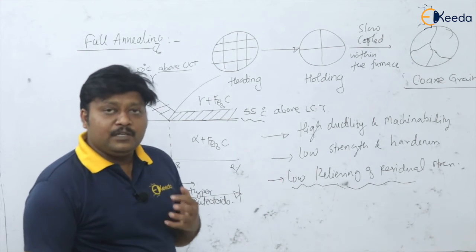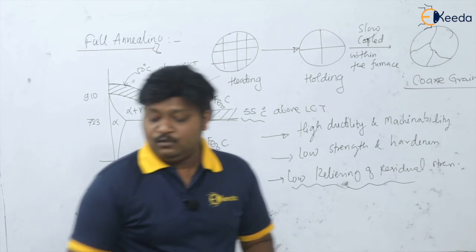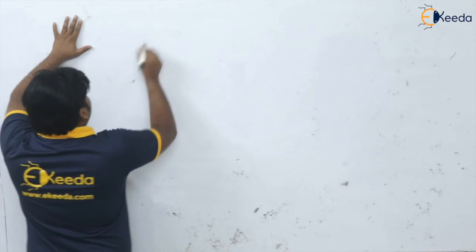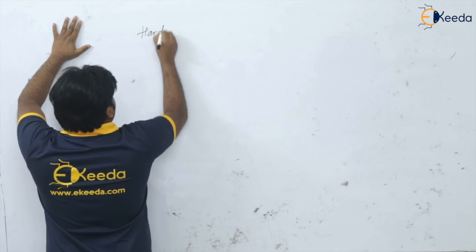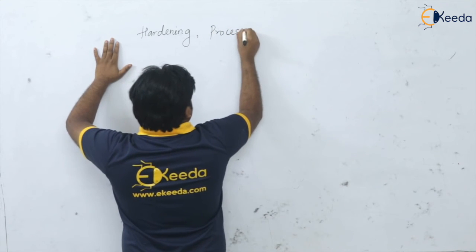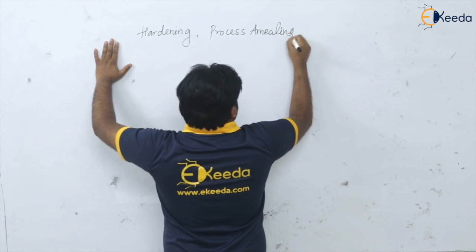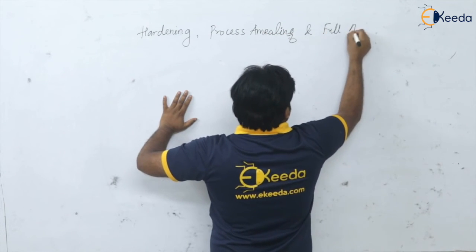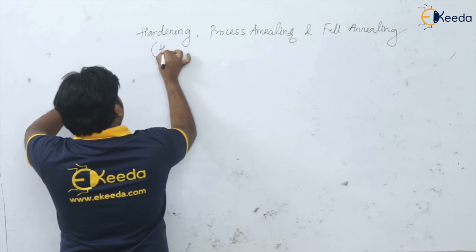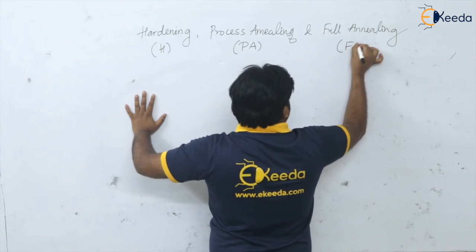Dear students, let us compare some properties of hardening, process annealing, and full annealing. Hardening is shown by capital H, process annealing by PA and full annealing by FA.